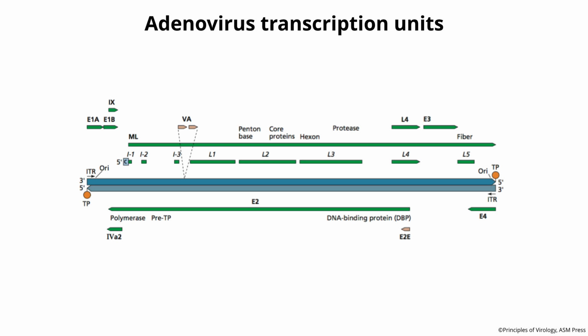Now, what I just neglected to show you is in this early region transcription unit, the E2 unit. So first we have immediate early, then we have early. Here is encoded the DNA polymerase, right? So you need that in order to get genomes replicated, and you don't make late proteins until you have enough DNA replication, and then you can encapsulate those genomes.